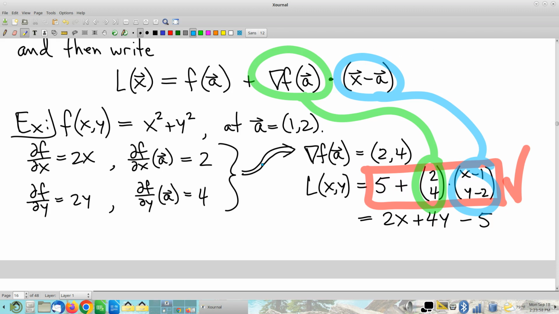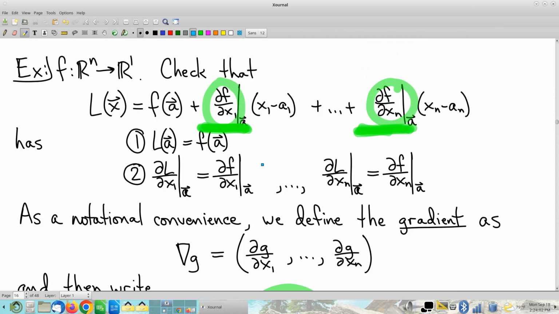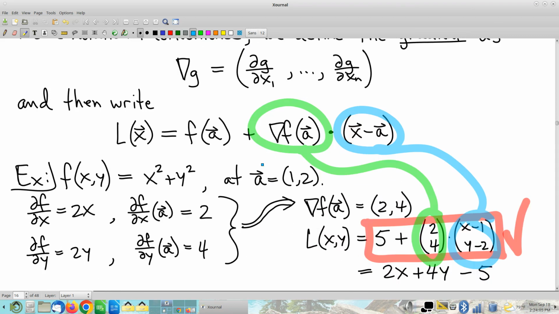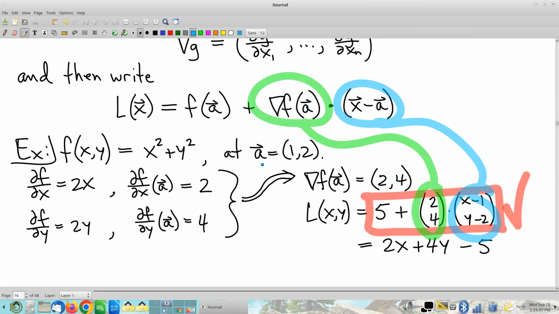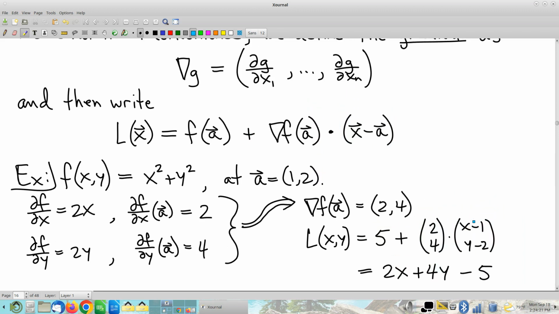Okay. Now, real quick, what we did here. Oh yeah, question. For the gradient. How did I compute the partials? So keep in mind what the gradient is. The gradient says I'm going to take the partials with respect to all of the input variables.